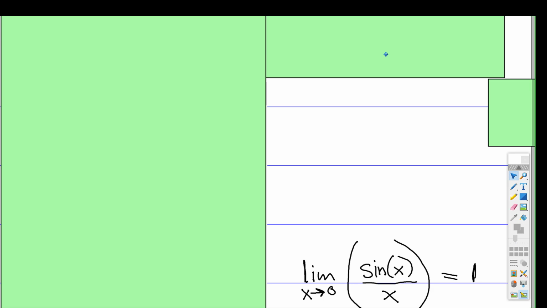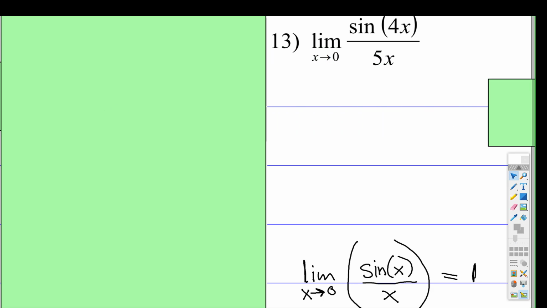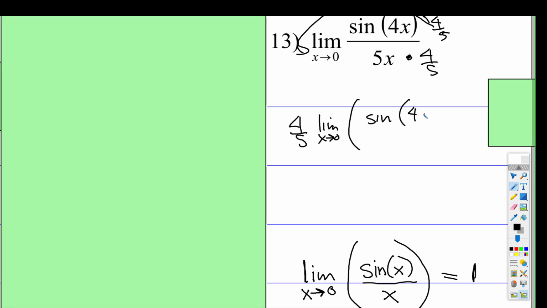And now we've got the sine one. We need the theta, the denominator, to match the theta. So we're going to multiply numerator and denominator by 4/5 and bring that constant out in front. So now you've got 4/5 times the limit as x approaches 0 of sine of that theta over that same argument as a function.